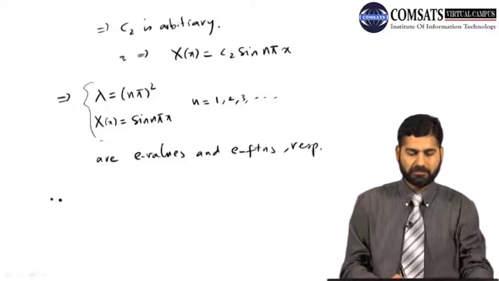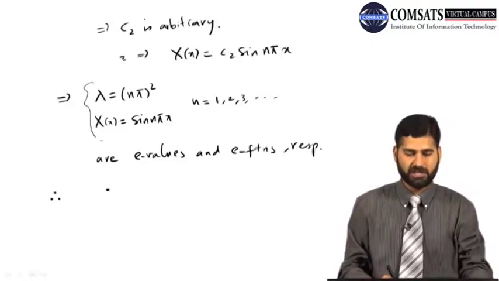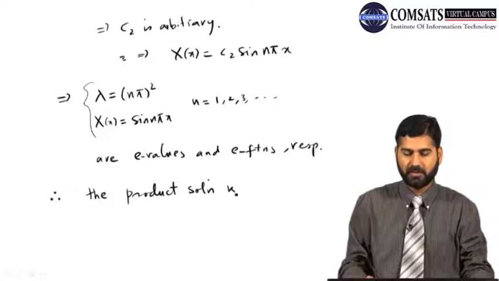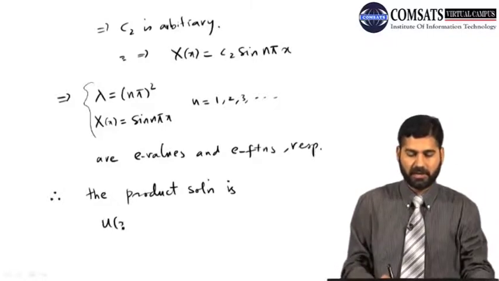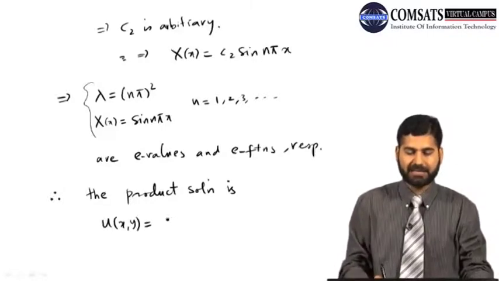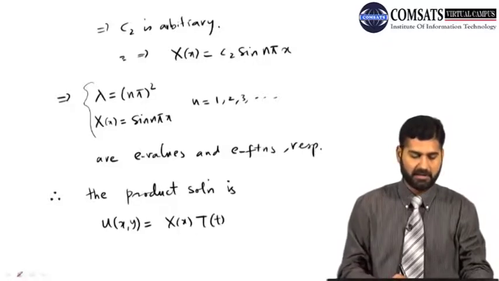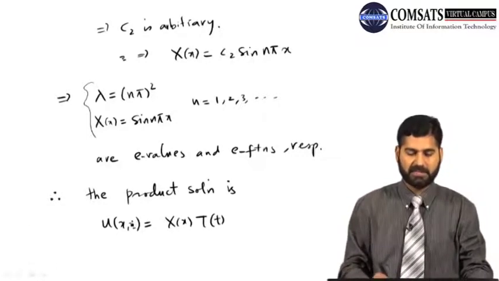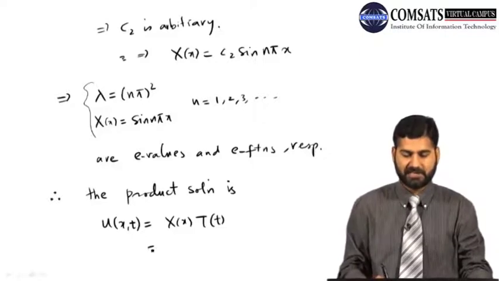So therefore, what will be our product solution now? Therefore the product solution will be u of x, t is equal to X of x and T of t. Not x y, it's x t. So what is X of x?